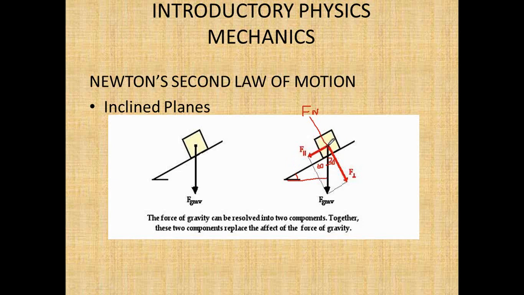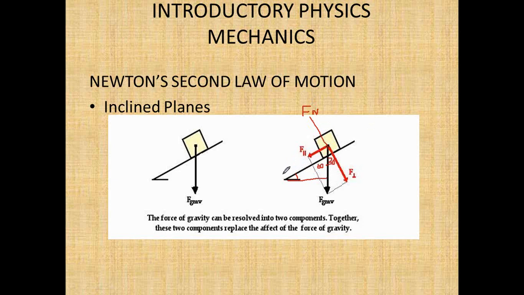The force due to gravity is straight down, but because you have an inclined surface, you can resolve the force due to gravity into a parallel component and a perpendicular component. The perpendicular component is the normal force. The parallel component is pulling the object downwards.